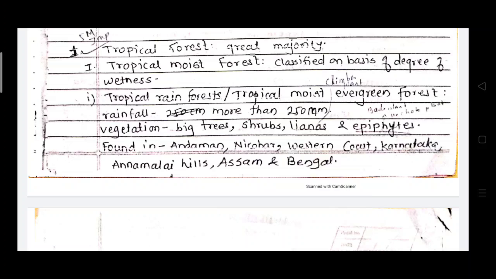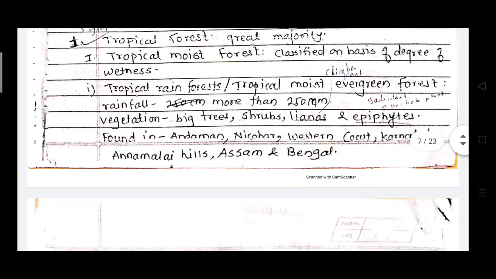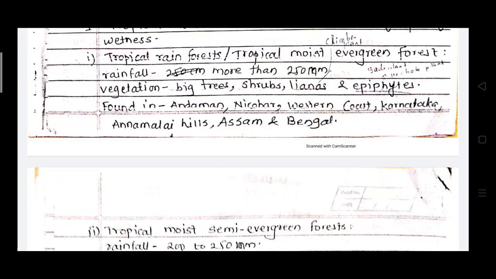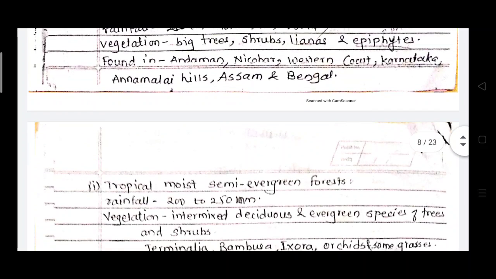So in that area, various plants like big trees, shrubs, lianas, and epiphytes are present. The regions of these forests are the Andaman, Nicobar, Western Coast, Karnataka, some Annamalai Hills, Assam, and Bengal.